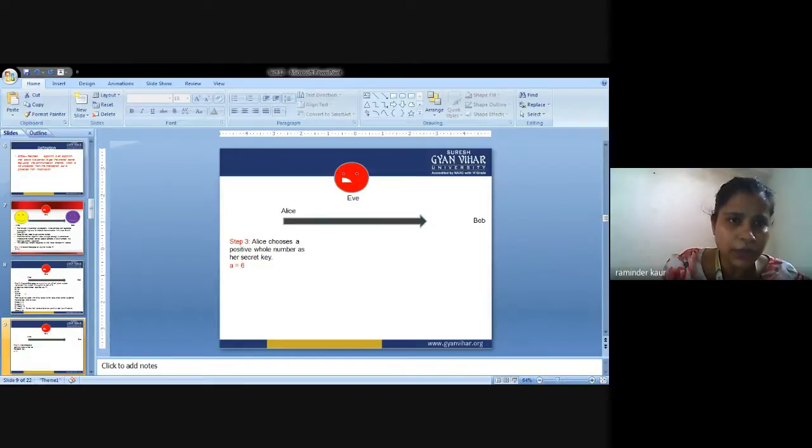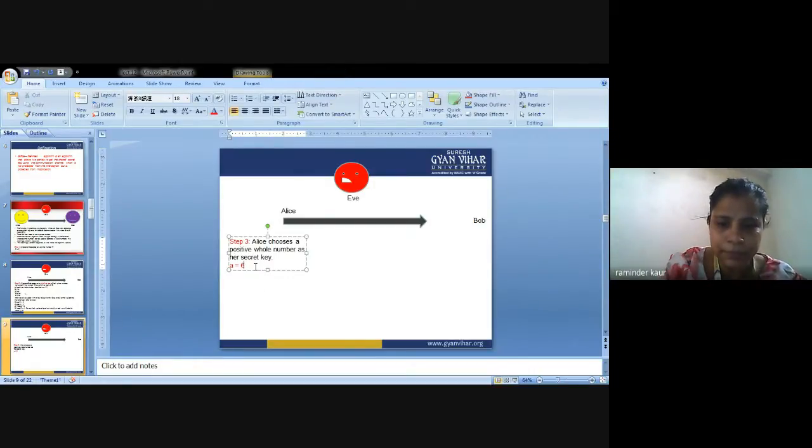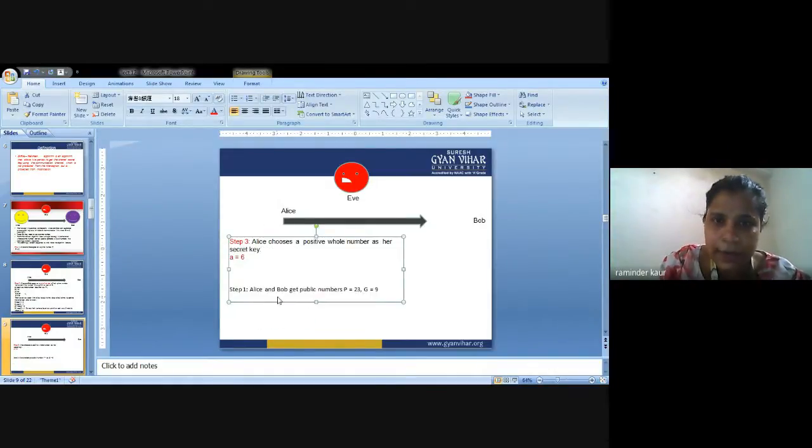Just wait, I can do this for you. Let's say this is the first step that I am going to discuss here. Just have a look. Alice and Bob get public numbers. P is equal to 23 and G is equal to 9.